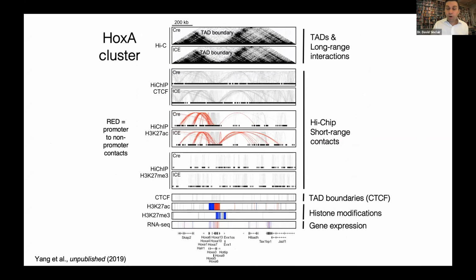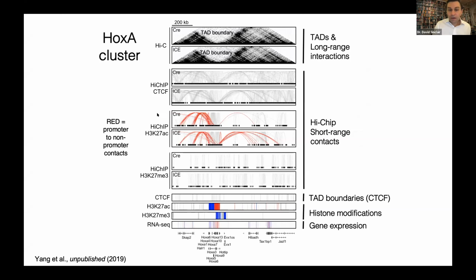So this is, first of all, one cluster of genes called the HOX-A, and next I'll show you the HOX-B. Here, the Dovetail team has highlighted in red changes or contacts between promoters of Hox genes to non-promoters. So that there's the gray, which are the contacts, and then the red is just to highlight those other contacts.